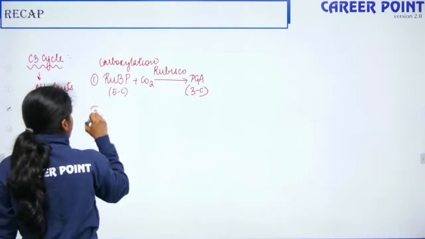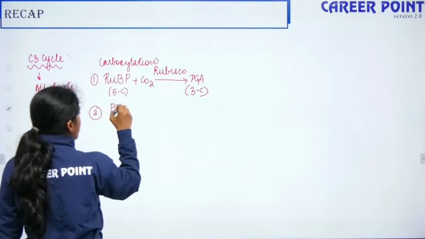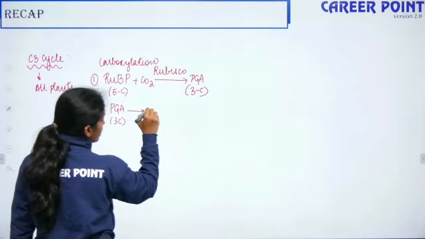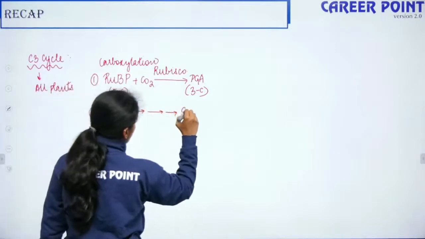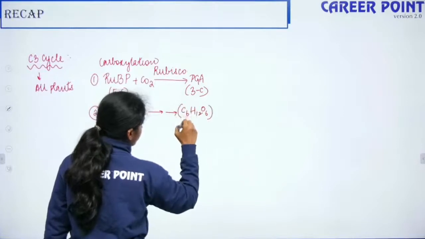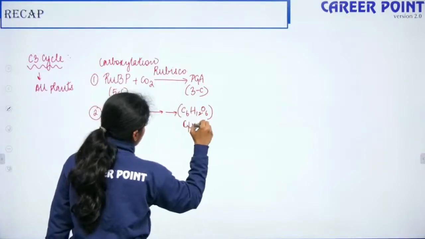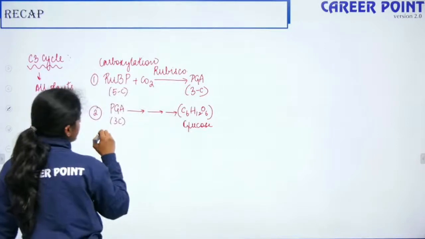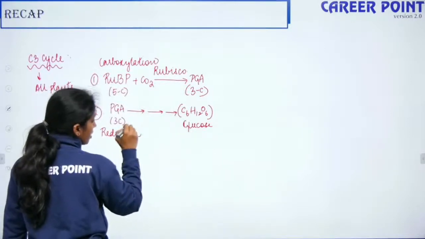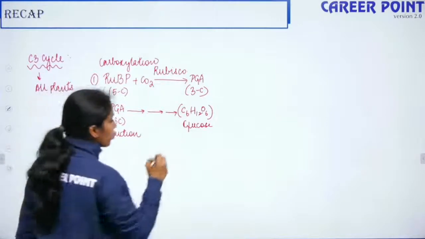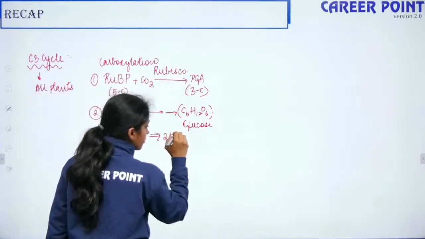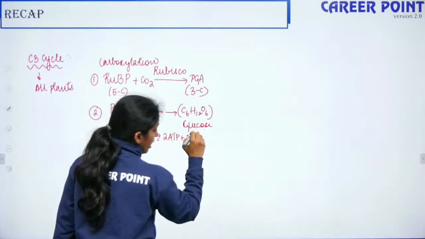In the next step, phosphoglyceraldehyde, your 3-carbon compound, is reduced into your glucose or triose molecule. This step is called the reduction step, and for it we need 2 ATP plus 2 NADPH.